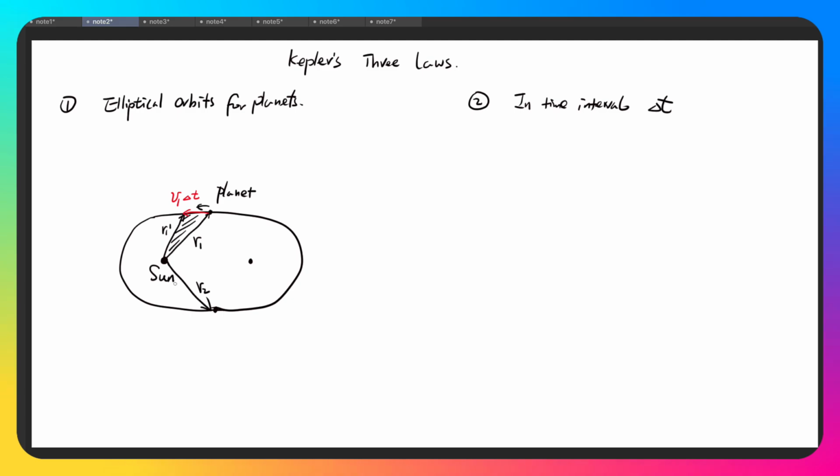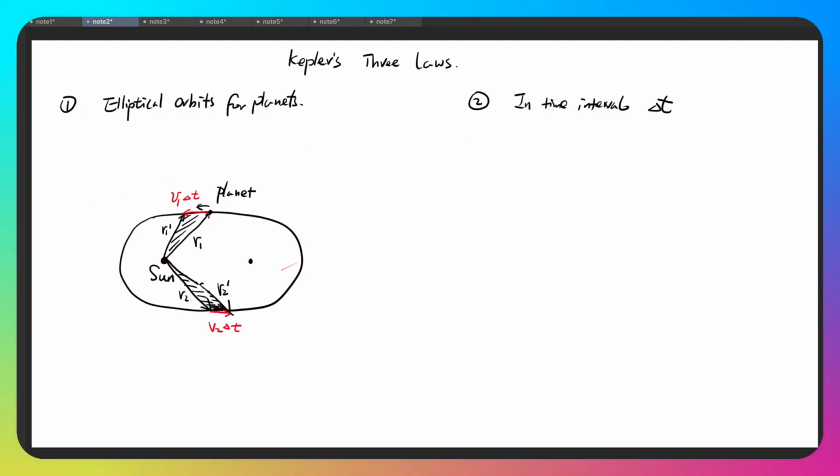Now similarly, if I draw from R2's position to R2 prime, then it's going to sweep this area. The distance traveled here is this line, which is v2 delta t. So we're talking about equal time intervals.